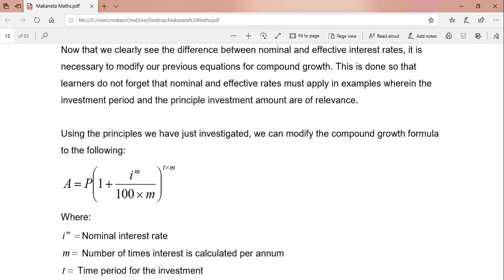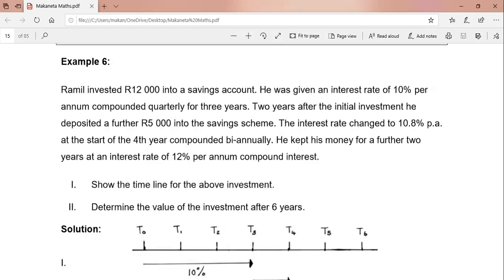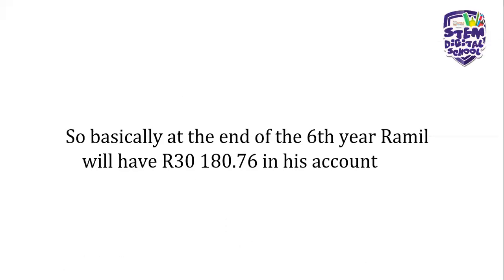And of course, i to the power m stands for the nominal interest rate. M is the number of times interest is calculated, and T is the time period for the investment. We have spoken about the time period at some point. I'm not going to dwell much on the time period for today.